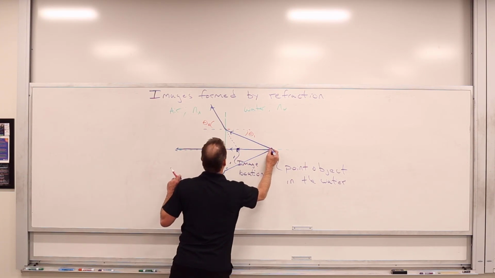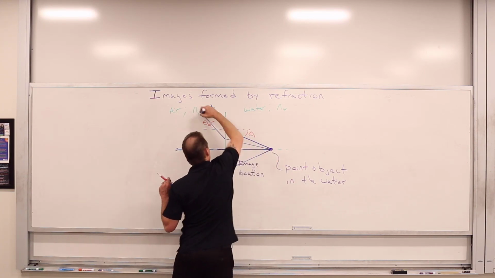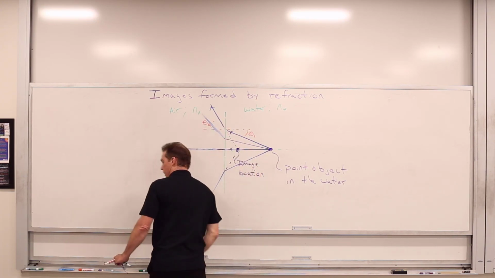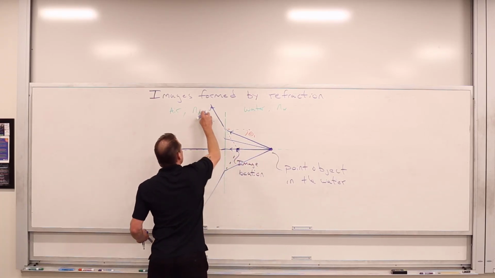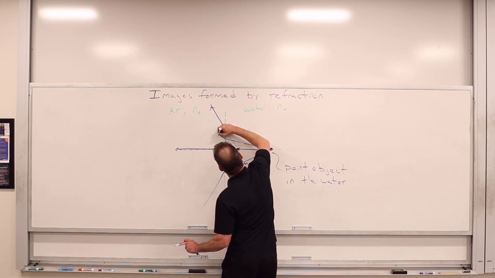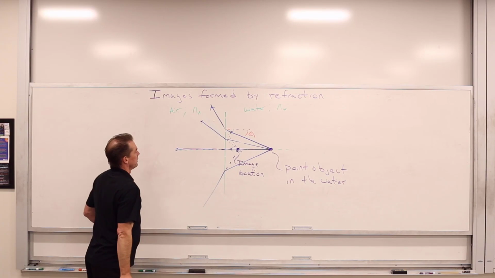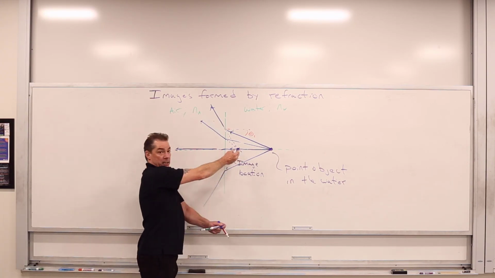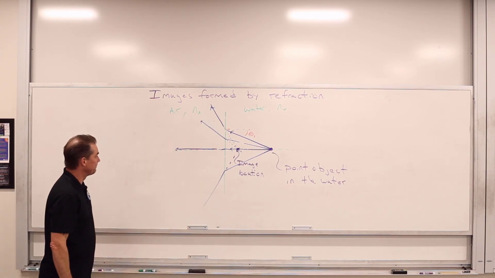You can take another one over here, it doesn't refract as much. Does it look ugly? It's very bad. Erase that part. Do the same thing, fill this up. Everything traces back to be at that location where the image is located.